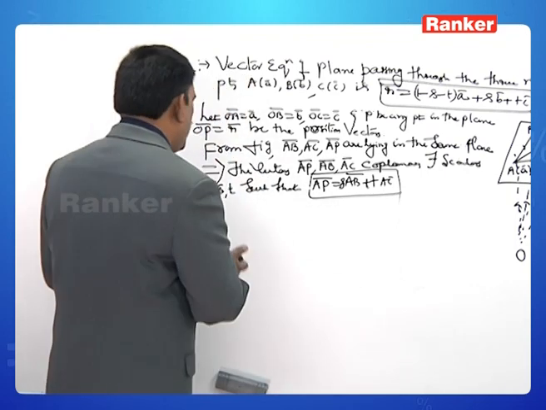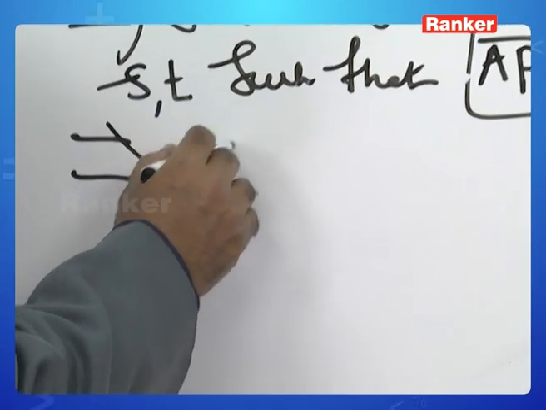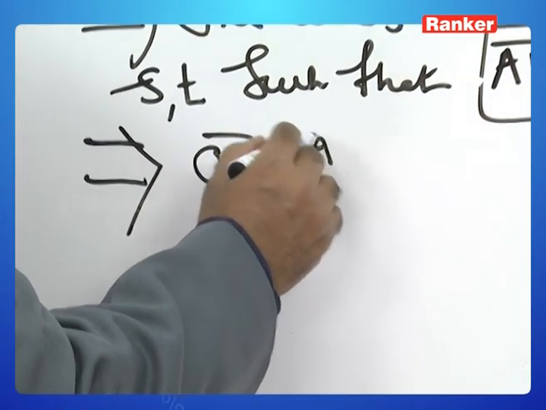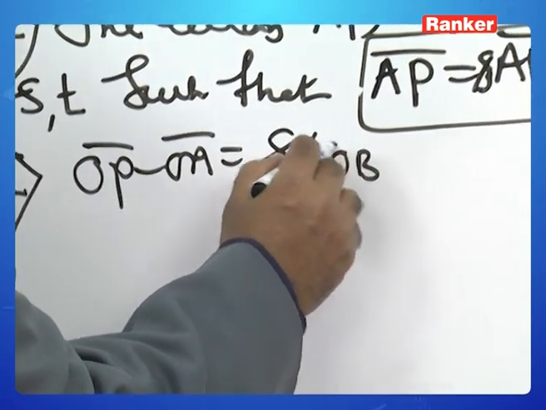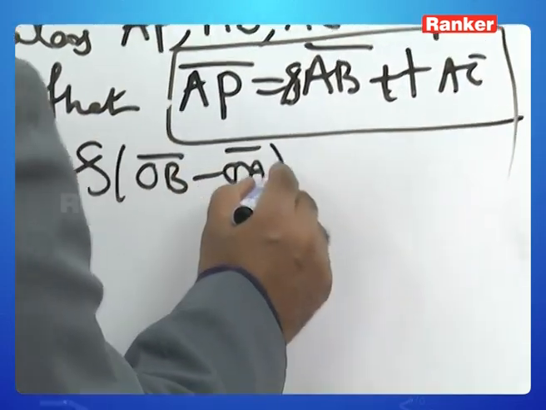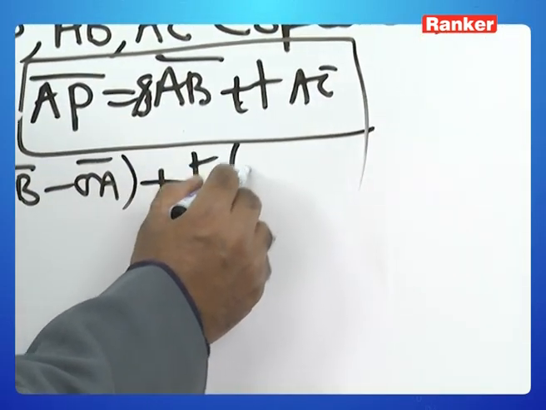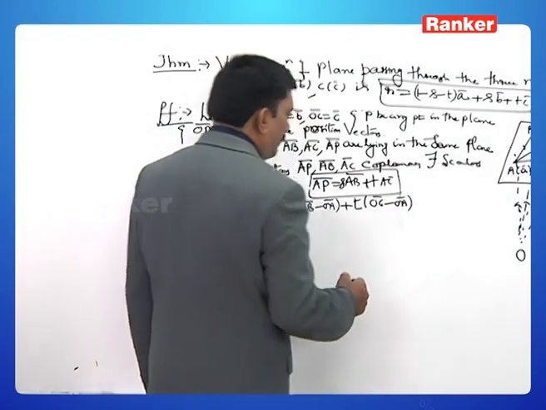I can write this as OP minus OA is equal to S into OB minus OA plus T into OC minus OA.